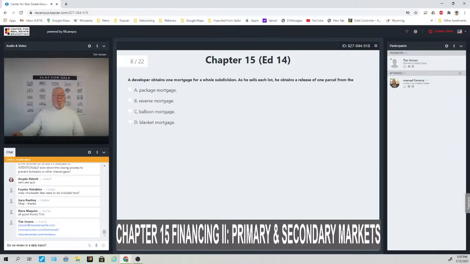Number 8, a developer obtains one mortgage for a whole subdivision. As he sells each lot, he obtains a release of one parcel from the what mortgage?